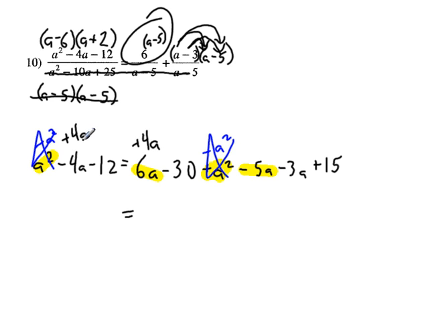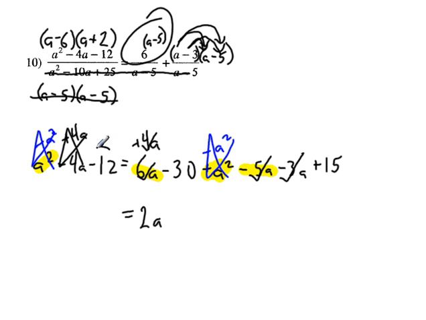It's going to go away here. 6a plus 4a is 10a. 10a minus 5a is 5a. So what I've done is I've handled this term, and this term. Now look here, by checking off, I now realize there's another negative 3a that I overlooked. So 5a minus 3a is going to leave me with 2a. So I'm in good shape.